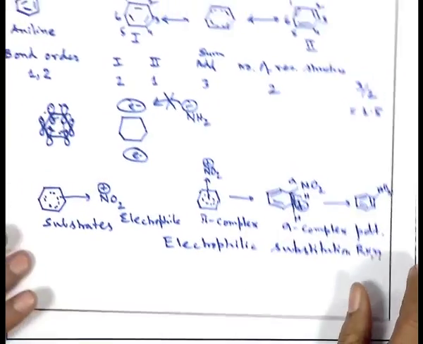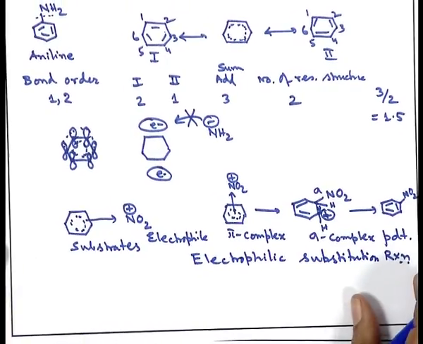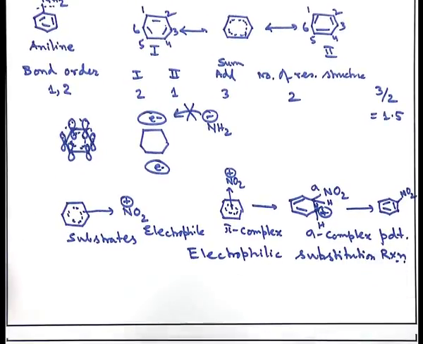I started with aliphatic systems, where substitution was a nucleophilic substitution reaction. There we went directly in the alkylamine preparation, and in this case we are going from benzene to the amine by a stepwise process.